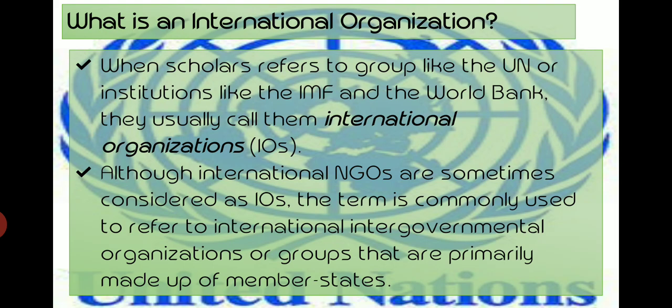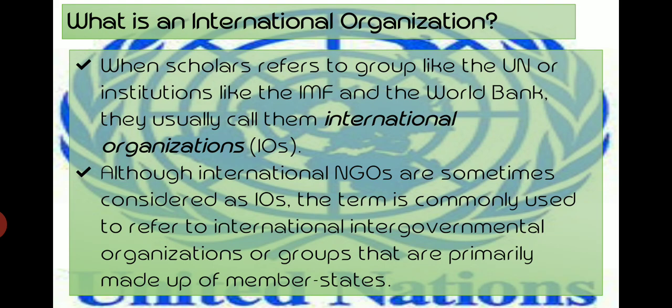What is an international organization? International organization, when scholars refer to a group like the United Nations or institutions like the IMF and the World Bank, they usually call them international organizations.